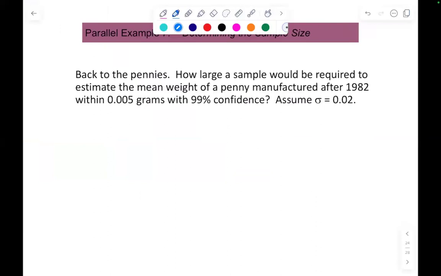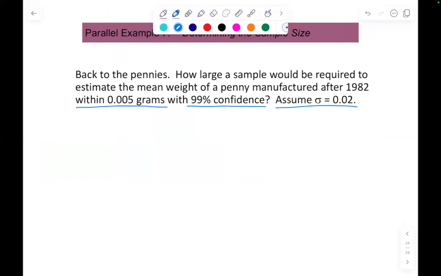We want to know how large of a sample size we need if we want to go within 0.005 grams, 99% confidence, and we are assuming that the standard deviation is 0.02. We don't have a sample to find the standard deviation of, so we have to use whatever standard deviation they give us. They're going to give one to you.